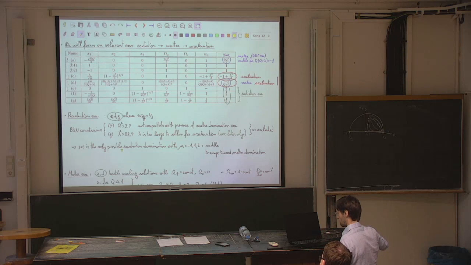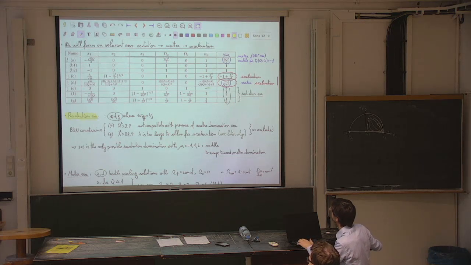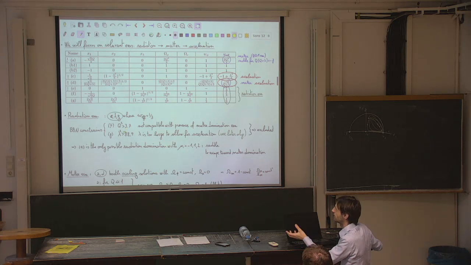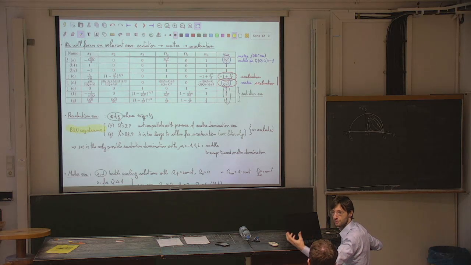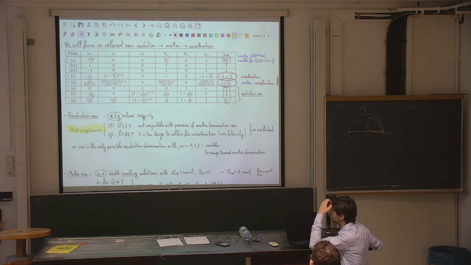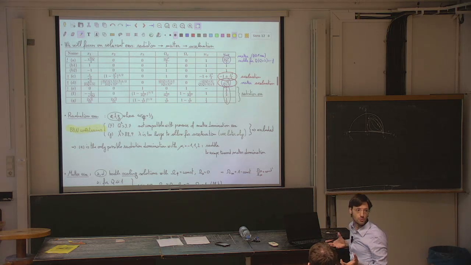Okay, good. Moving on. Let's start now to see the good critical points. So let's start with radiation. We have to pick between these three critical points. But now we need some constraint on Q and lambda, such that Big Bang nucleosynthesis, for the formation of helium, deuterium, and all of that, respects what we observe.